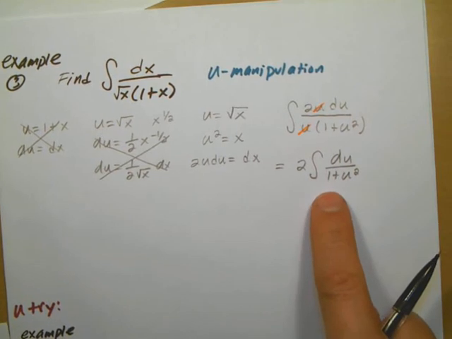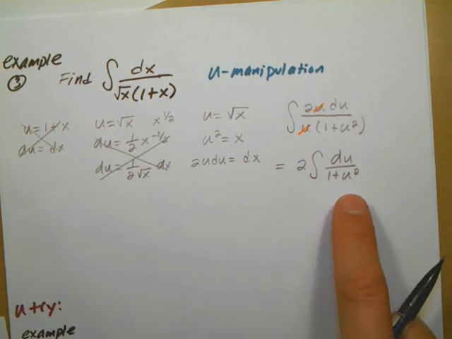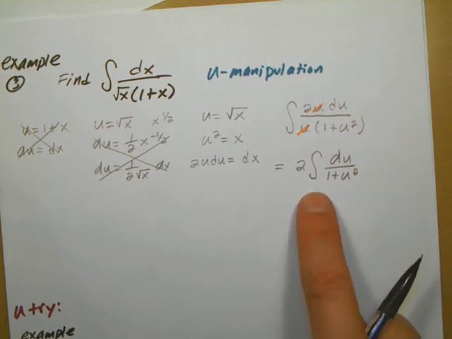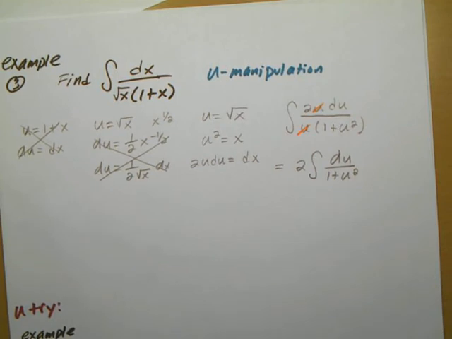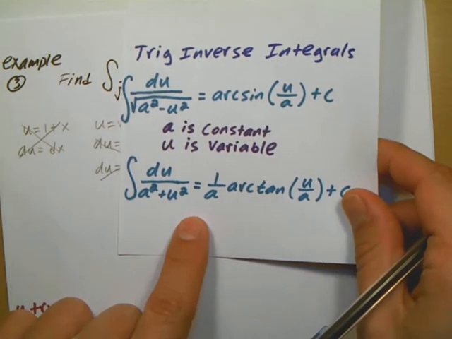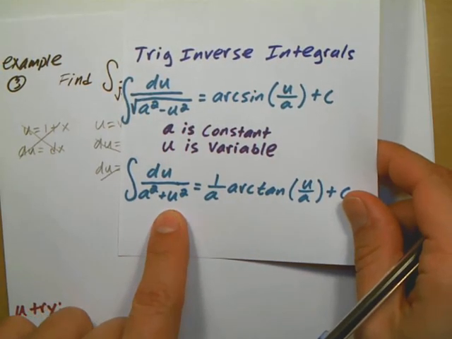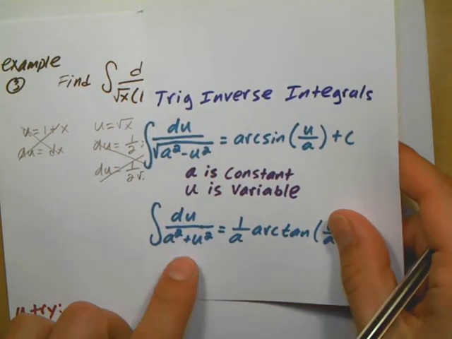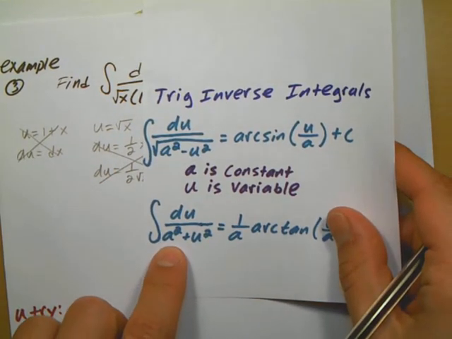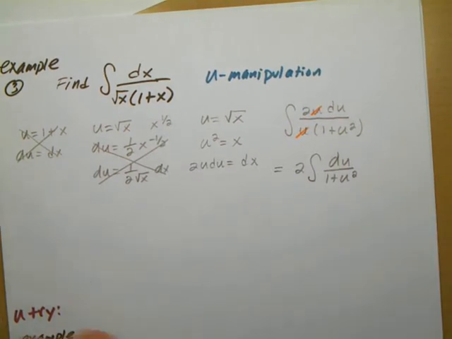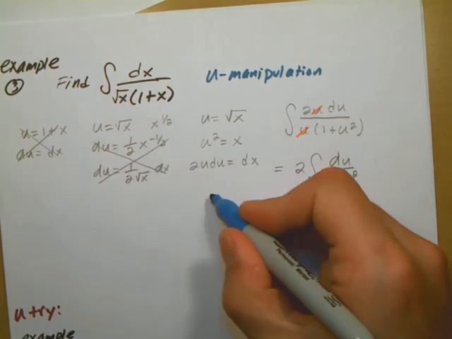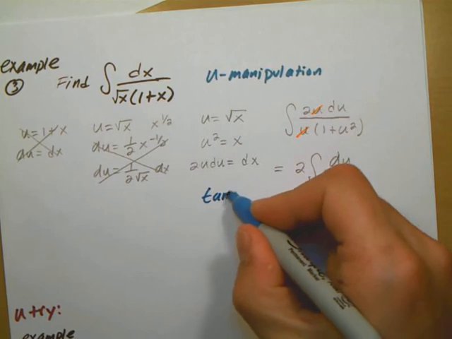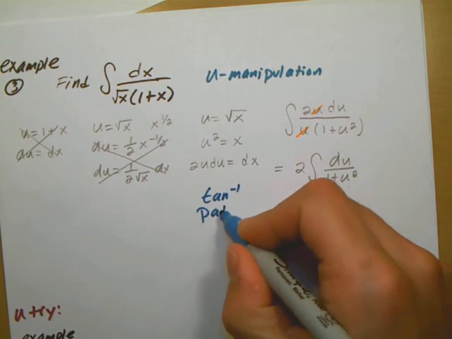And notice I have a constant plus a variable squared. And not only that, I have a constant squared plus a variable squared. And that matches the arctangent pattern. In this case, the constant squared is 1, which is going to be rather easy, so 1 over 1. So this now matches the arctangent pattern.